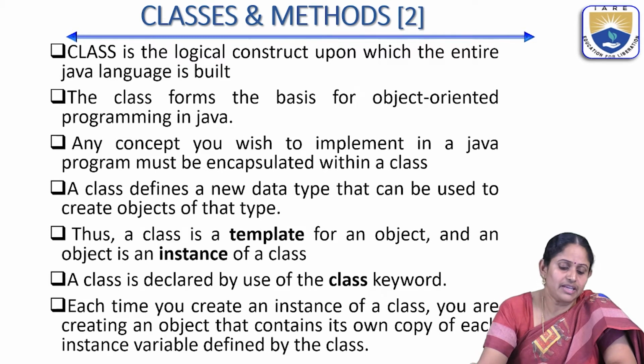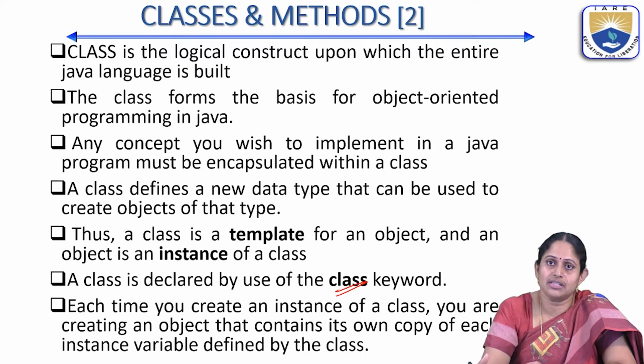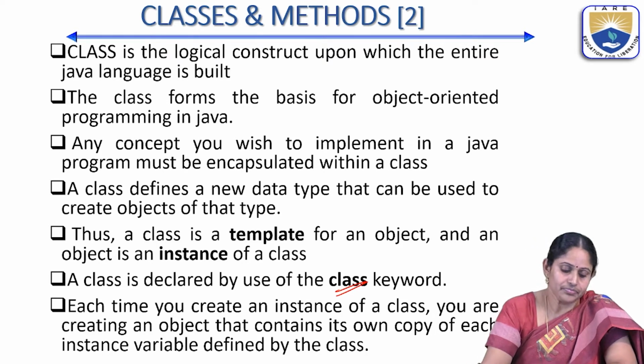Always, when we declare a class, we declare it by the use of the keyword class. And once the class is created, to make use of it, we have to create an object of the class. So an object is an instance of the class, and the class is the blueprint or the template of an object.